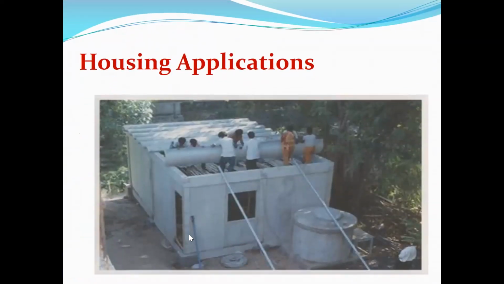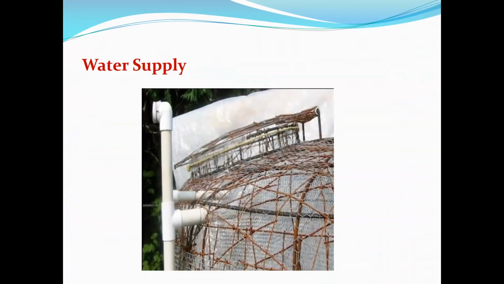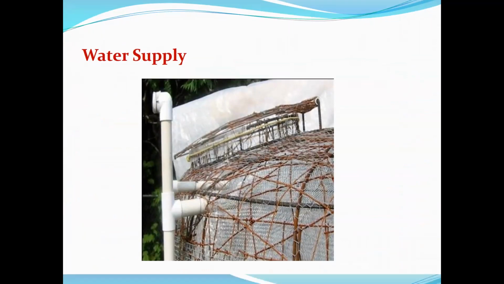So you can see that in housing, in the roof part, ferrocement structures are being used, where you don't use a heavy roof. Then a water supply. So this is a tank, a water tank, which is made with the technology of ferrocement structures.